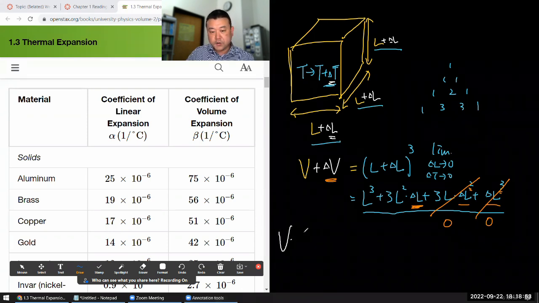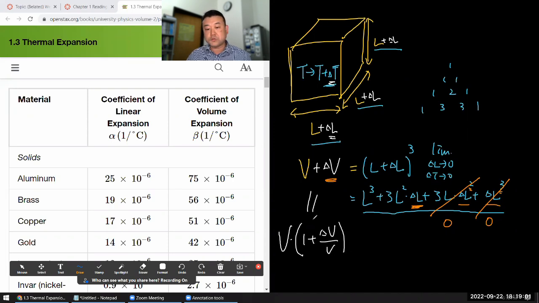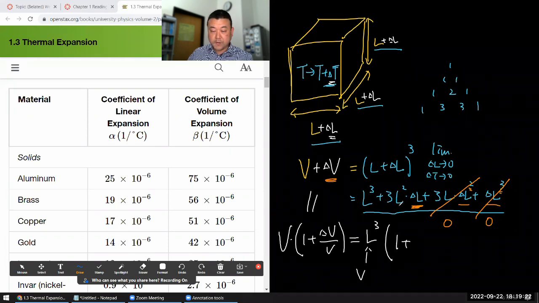So I have the original volume times 1 plus this ratio, delta V over V. You can verify that these two expressions are equal to each other. On the right-hand side, I'm going to try to do something similar. I'm going to factor out L cubed, which is the original volume. Then what I get is 1 plus, and I factor out two factors of L, so there's one factor of L in the denominator that I have to have. So I have delta L over L, and I still have this numerical coefficient 3.